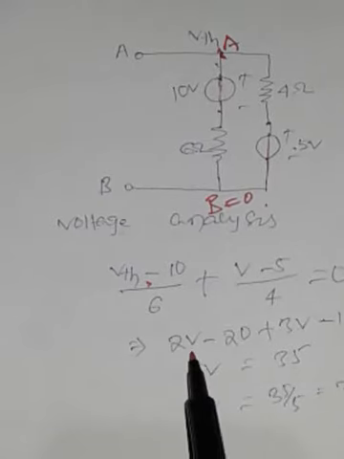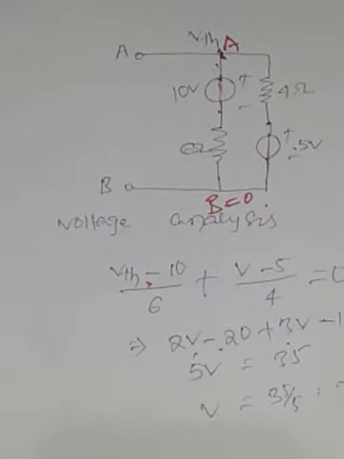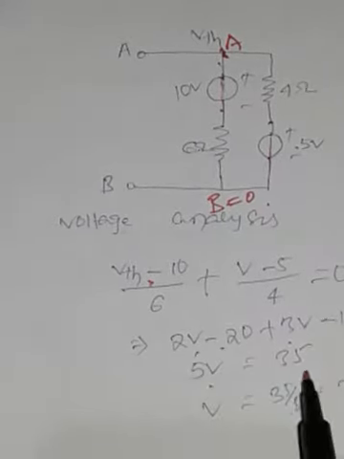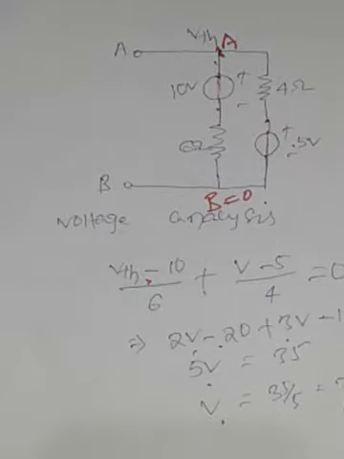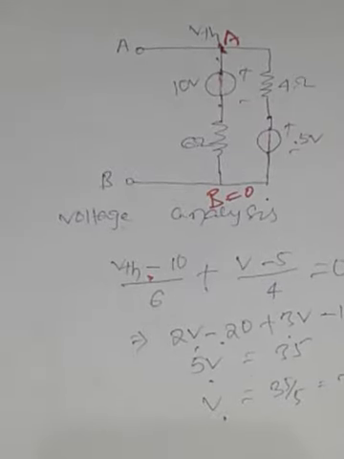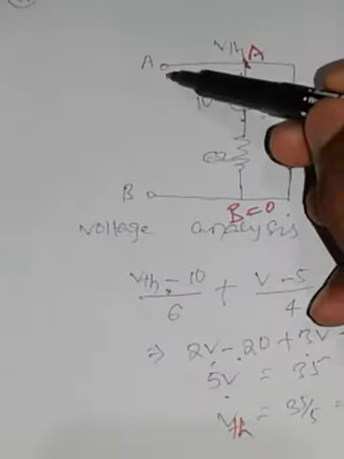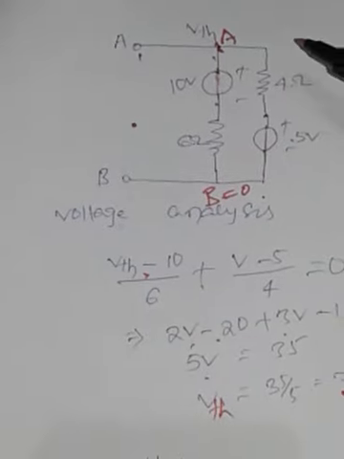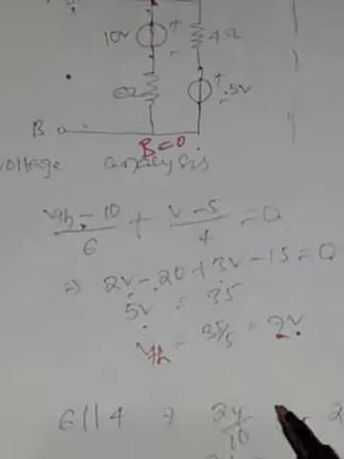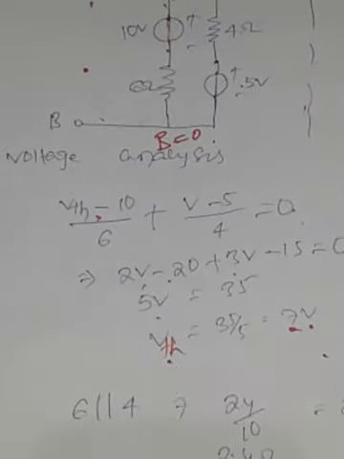Simplifying, 2V minus 20 plus 3V minus 15 is equal to 0, so 5V is equal to 35, and V is equal to 7 volt. So we are getting VTH as 7 volt across terminals A and B.